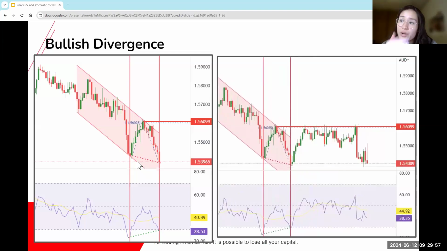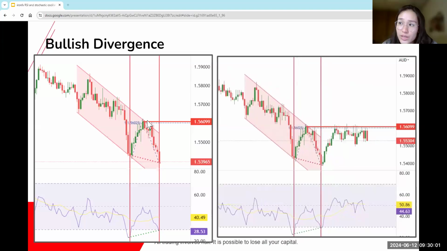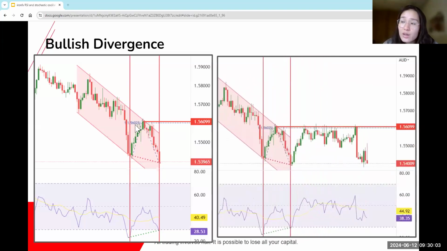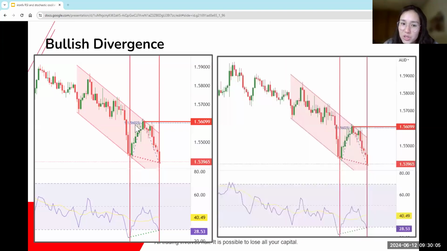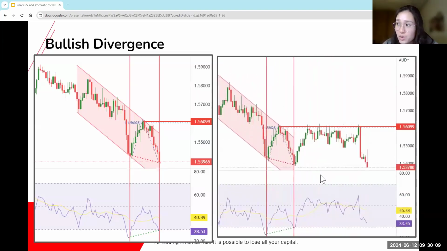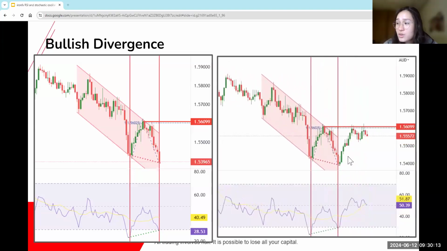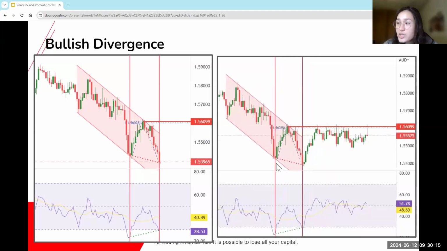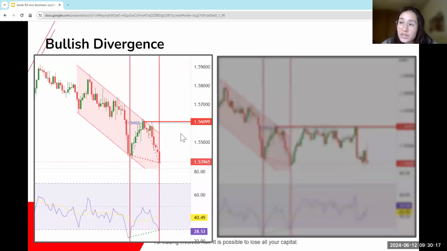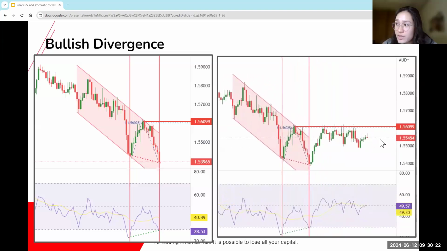That in combination with our resistance level here, that's also in line with a swing high and also a 100% Fibonacci projection. As you can see in the GIF, price actually broke out of that descending trend channel and it reversed off of that resistance line.